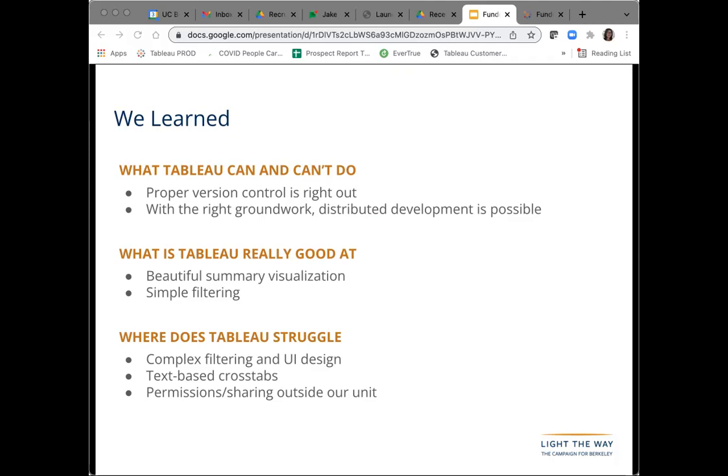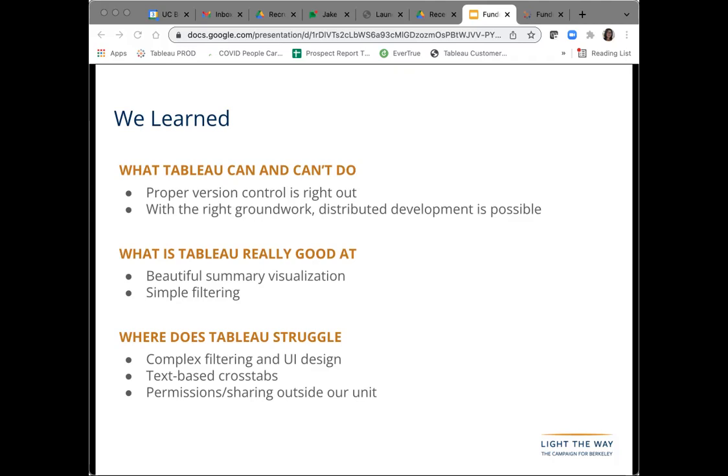We want people to remember this and think, okay, that's the report that Tam sends out that has the yellow and blue bars in the front. That's where I go to answer this particular question. We want to associate those visual ideas with the data analysis ideas. And Tableau is really good at simple filtering, so that you focus in on a couple things really quickly.